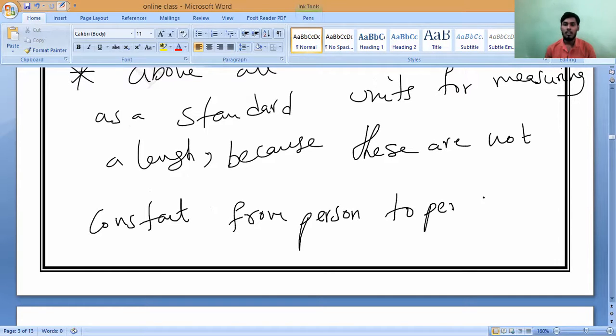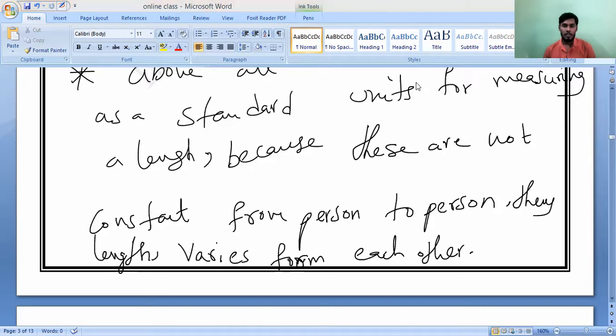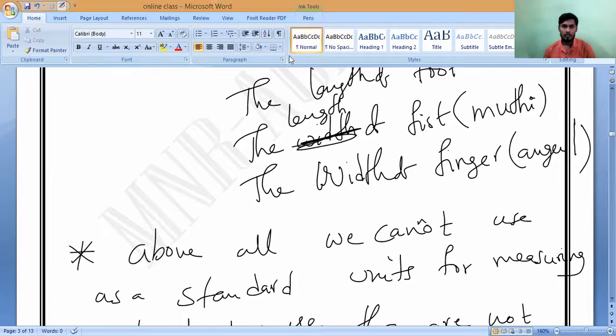Not constant to persons, they vary. Their lengths vary from each other. Do you understand, everybody? Lokit, Sanath, any doubt? Please tell me. Narayan is not there. Sanath present. Are you written, Sanath? Pranav, Lokit? Completed? Sarvesh? Yes, sir.